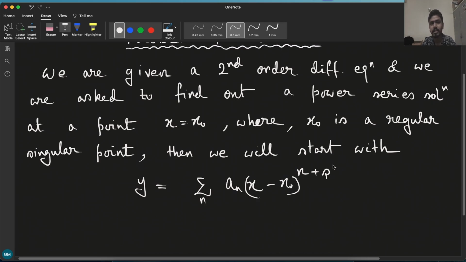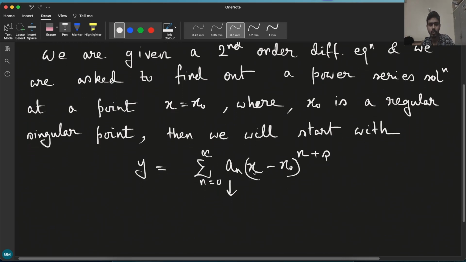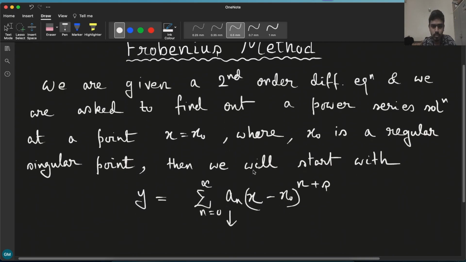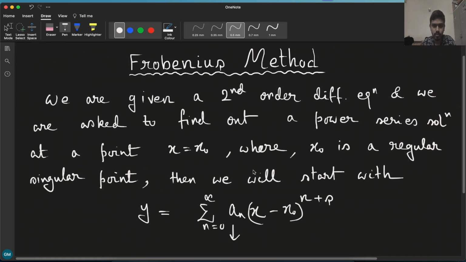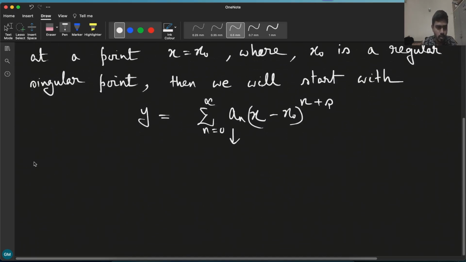Here this s is an unknown constant, so this s we have to determine along with the a_n's. So this is the procedure we should follow.